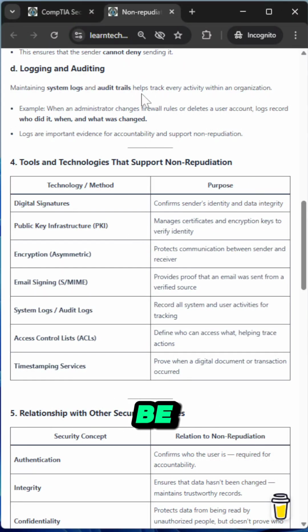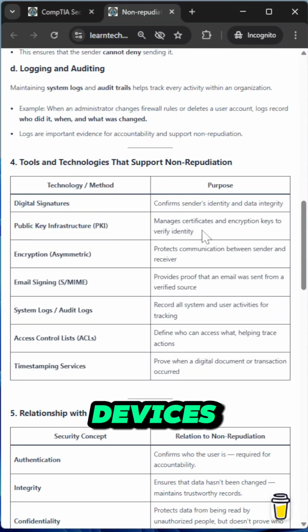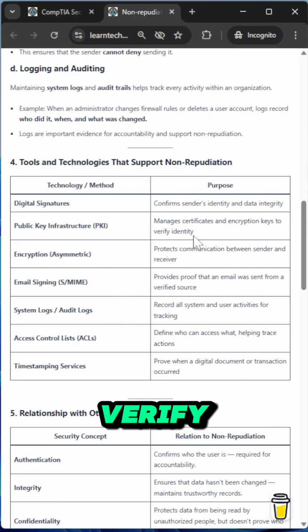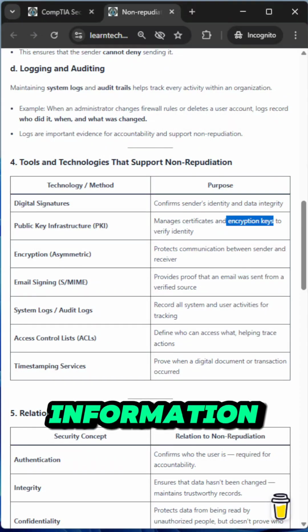Non-repudiation also uses public key infrastructure, which manages certificates that we install on devices, and encryption keys to verify identity. Encryption is like when you have a public and private key. You normally use a private key to decrypt a message that's meant for you, so you can read that information.